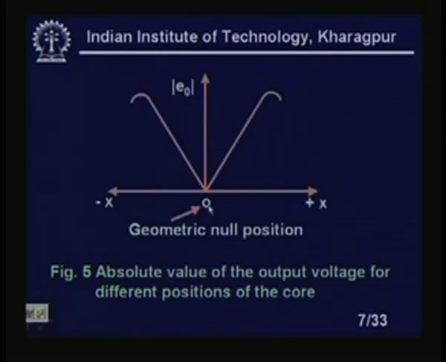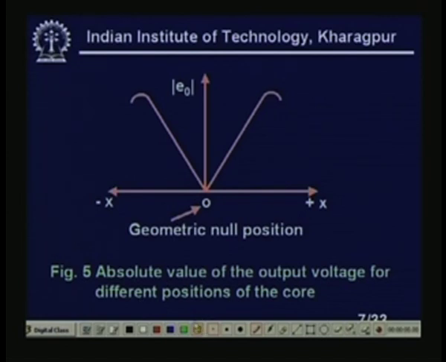If I move the core to one side, suppose I have a core here. This is my output voltage E naught.